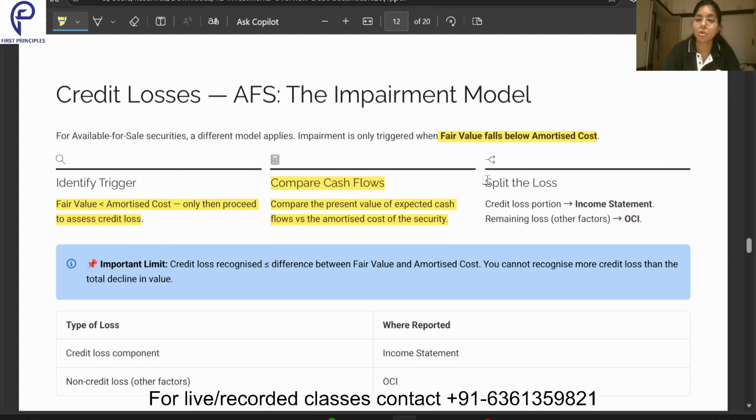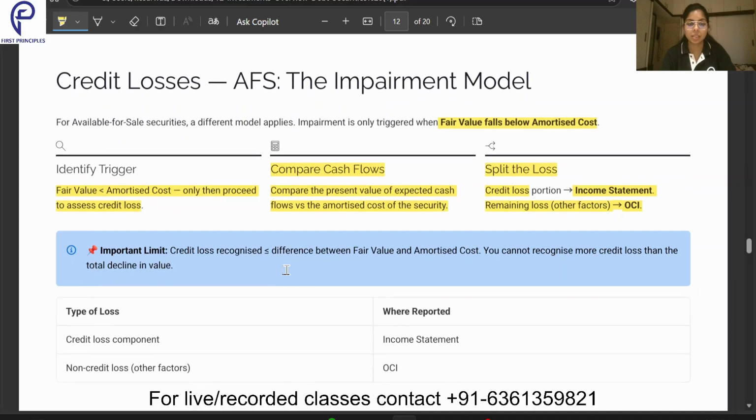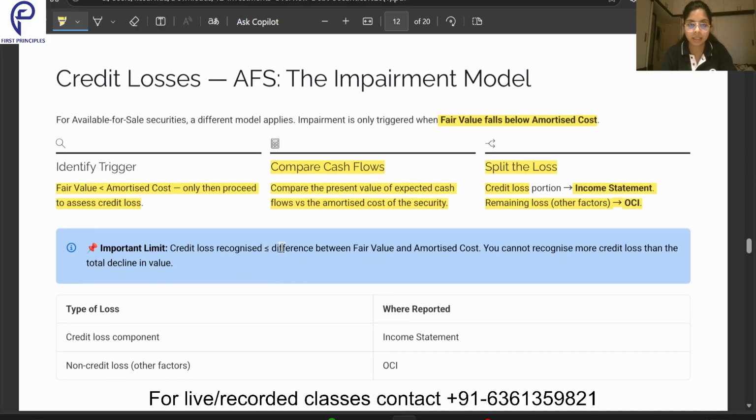Then whatever loss we get, we need to split the loss. If it is a loss related to credit, it should go into the income statement, whereas any other kind of loss should go to the OCI. Then one important limit: credit loss recognized is less than or equal to the difference between the fair value and amortized cost.